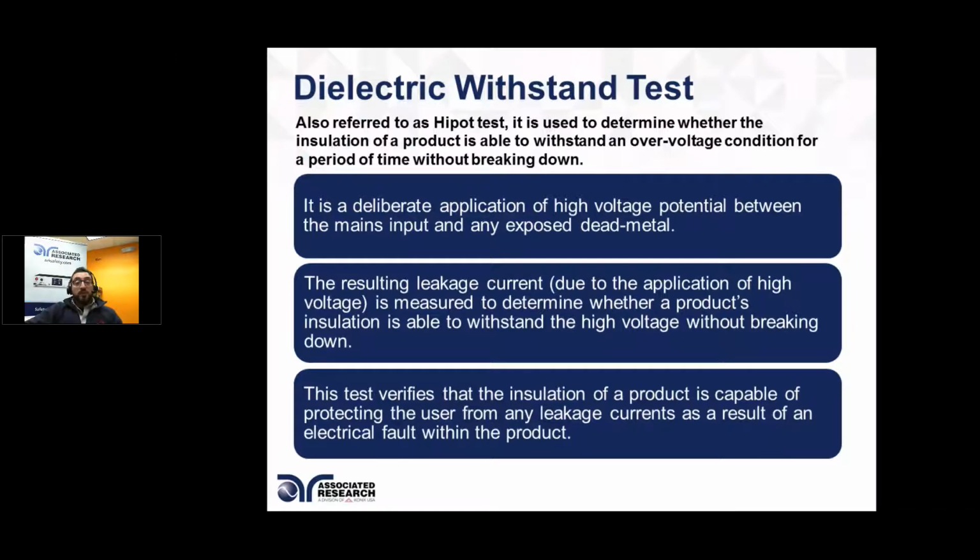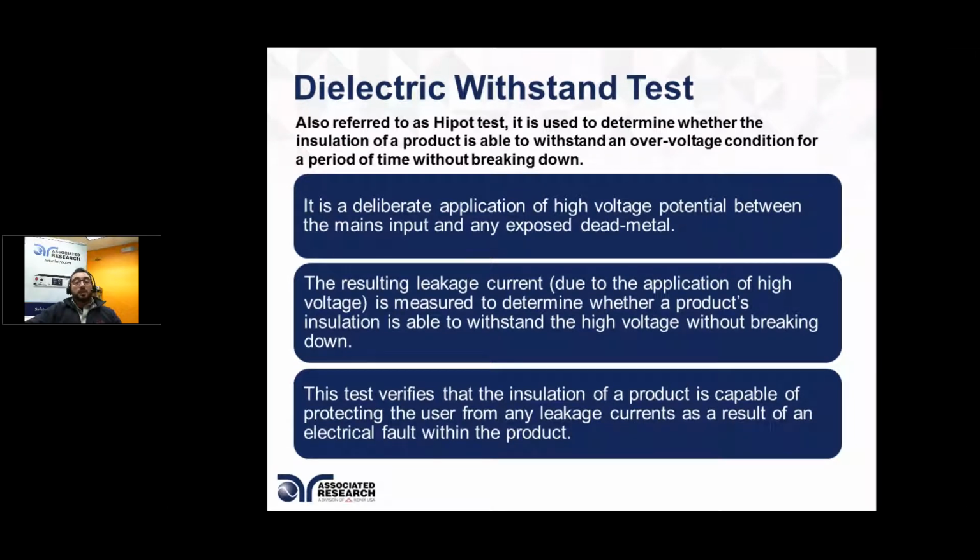And again, insulation is another safety barrier for operators, because insulation is what does not allow current to flow, and it should have a high enough resistance to impede the flow of current.